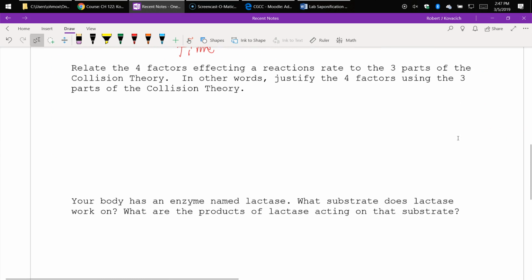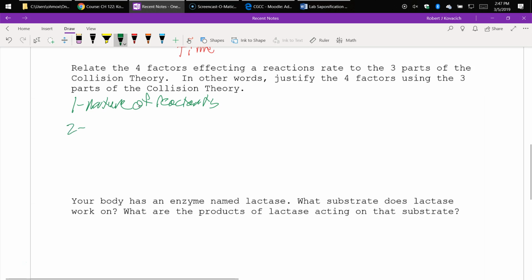Four factors. I want to relate them to the three parts of the reaction collision theory. All right, so we've got nature. The nature of the reactants was generally the state, but not necessarily just the state, because you could have a solid be in different forms, and so it behaves differently if it's ground up into a powder versus a large chunk.